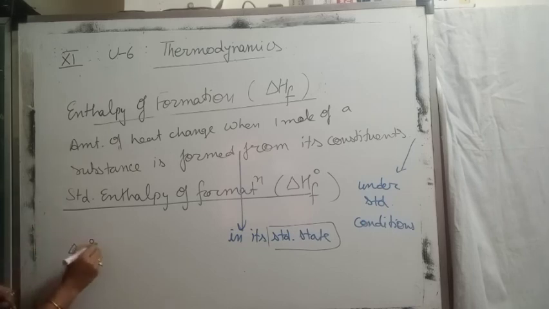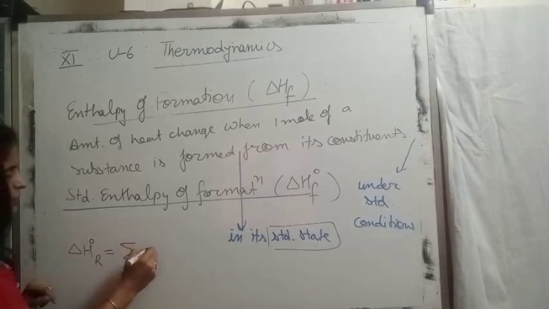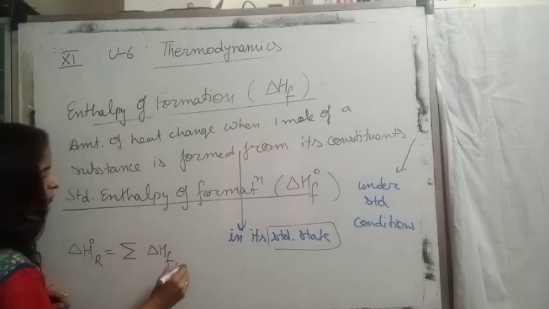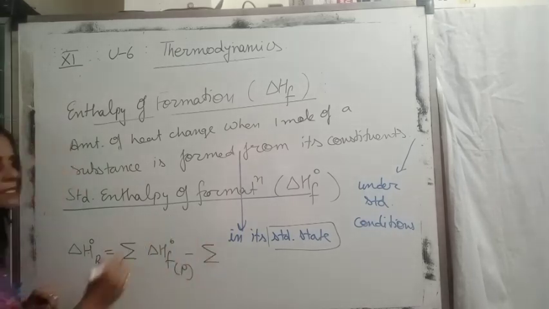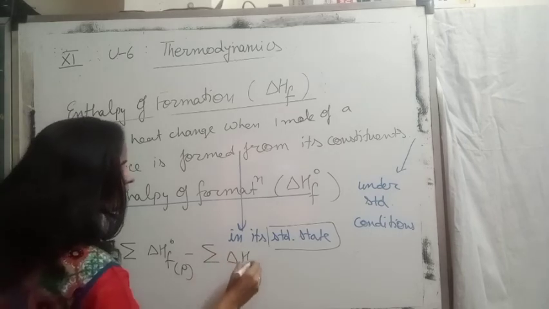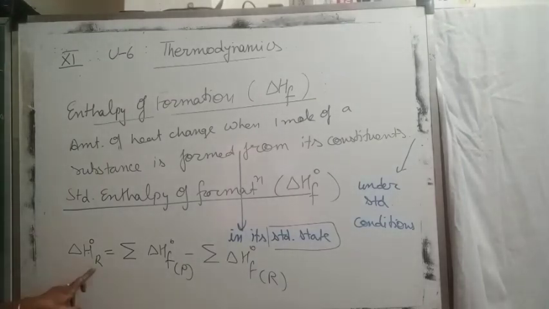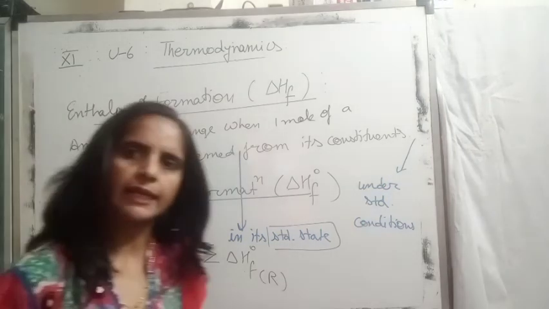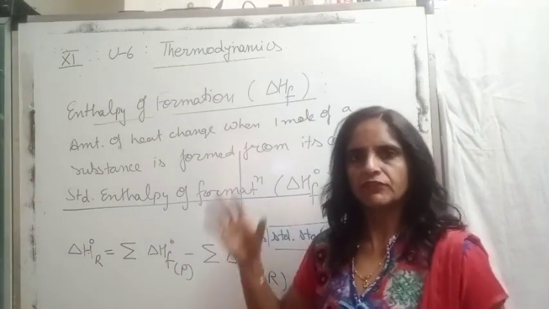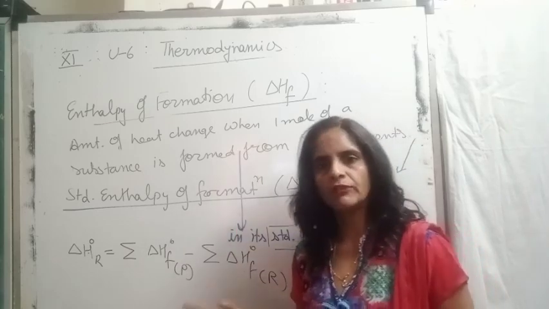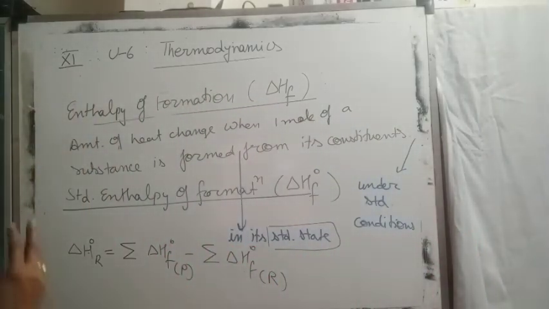Standard heat of reaction equals the sum of standard heat of formation of products minus the sum of standard heat of formation of reactants. So these are the different types of enthalpies we covered today. Try to learn all of these.